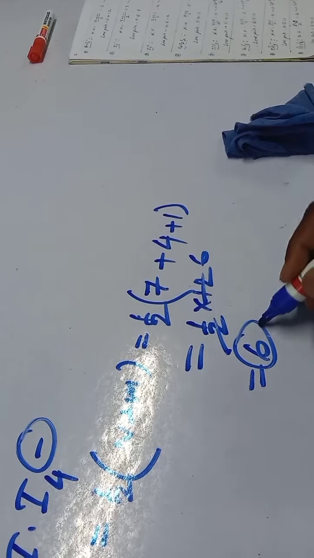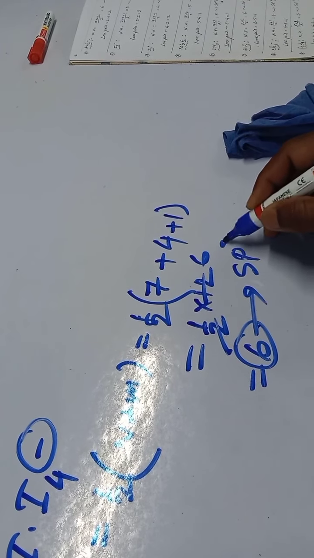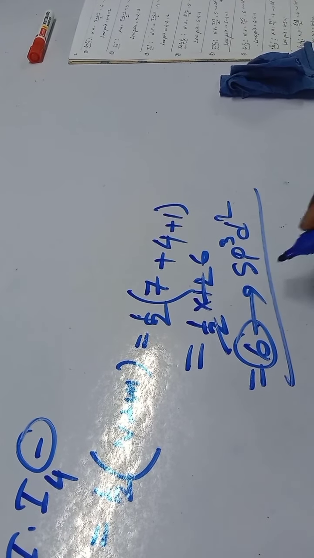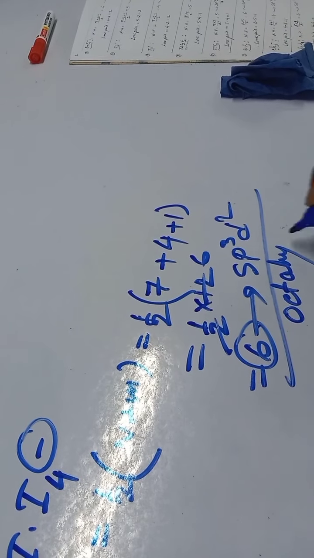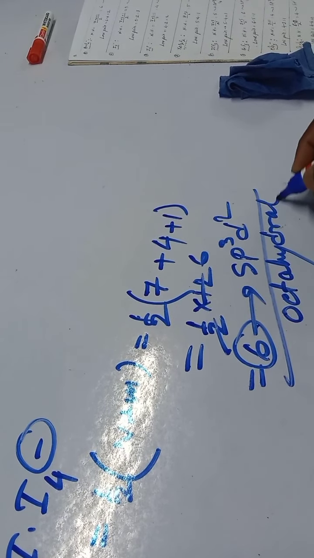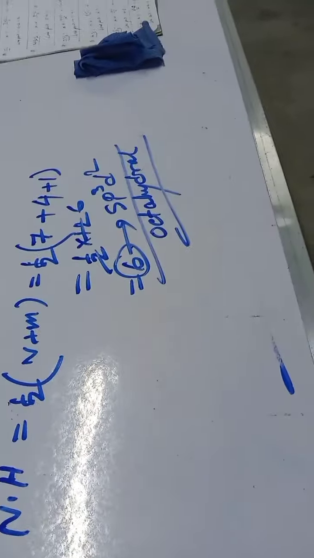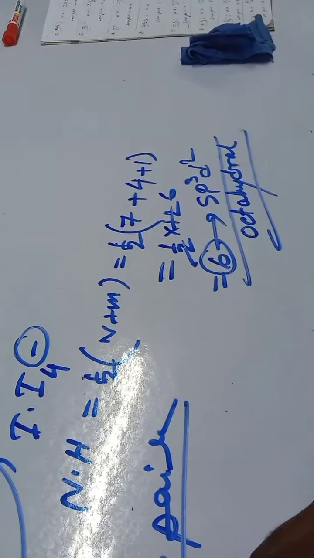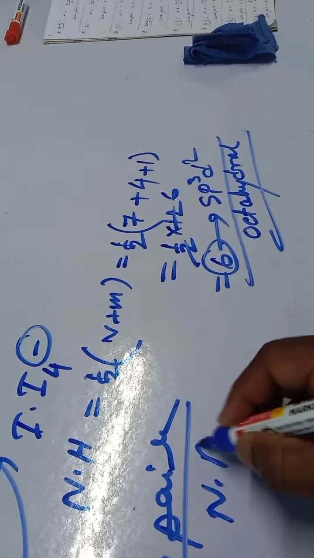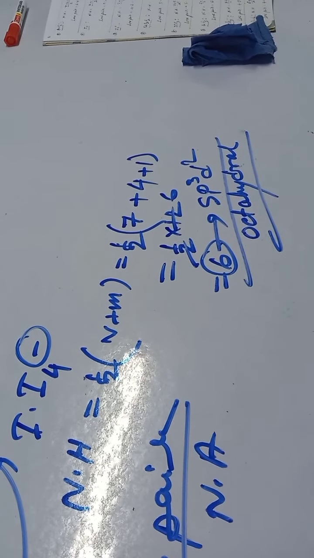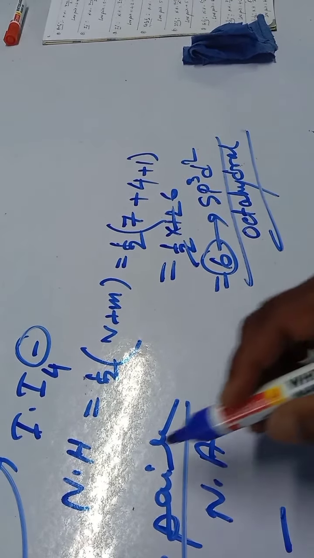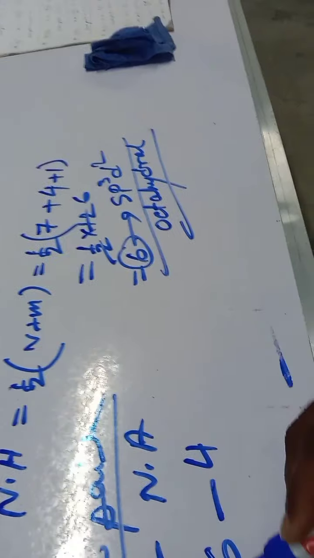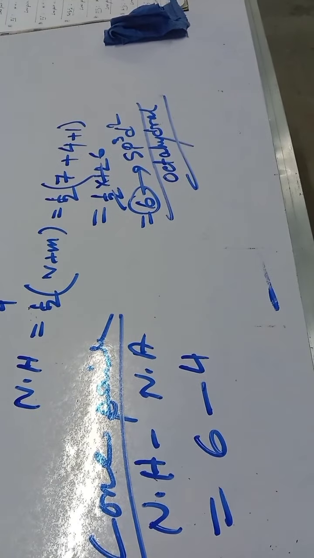6, that is the shape of sp3d2. The geometrical shape is octahedral. The number of lone pair NH minus Na: the number of Na is equal to 6 minus the number of surrounding atoms, 4, that is 6 minus 4.